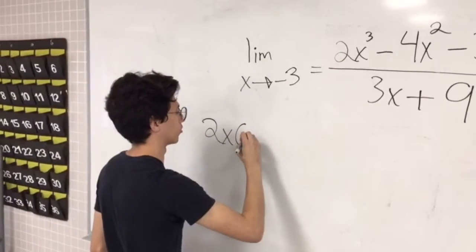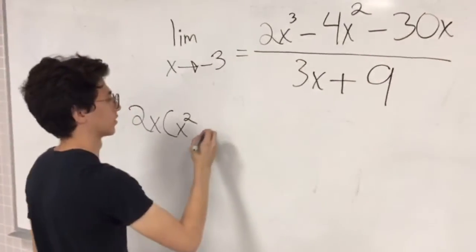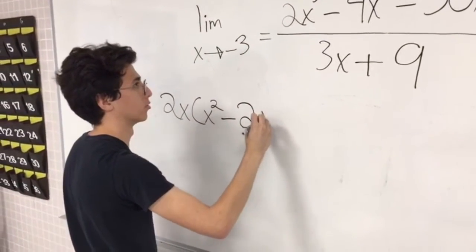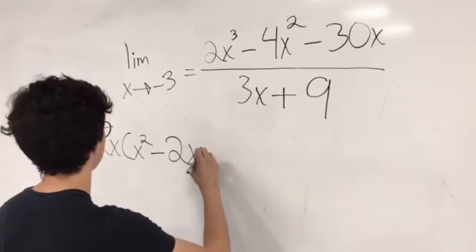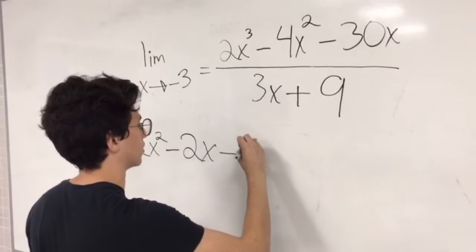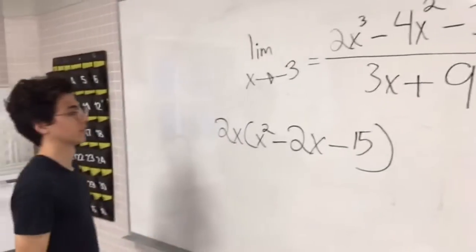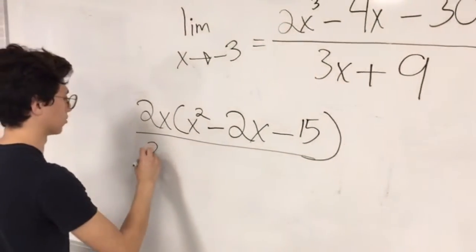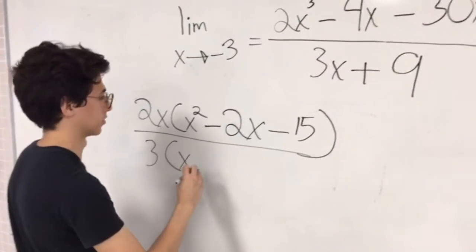so this turns to x squared, and this divided by 2x turns to minus 2x, and this one is minus 15. Now we're going to do the same here. The common factor is 3, so we get 3 parentheses x plus 3.